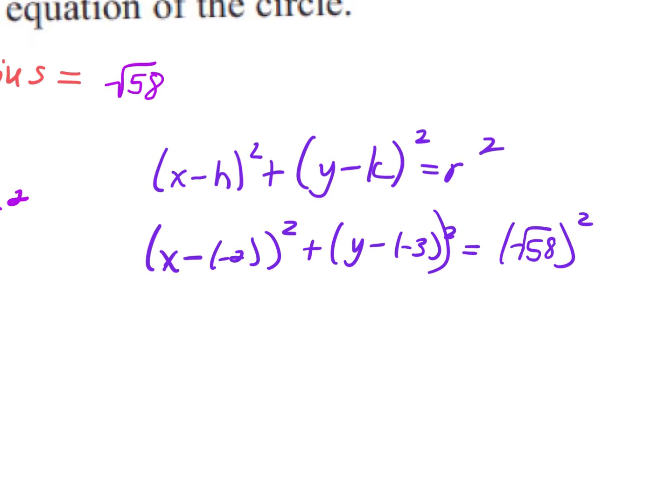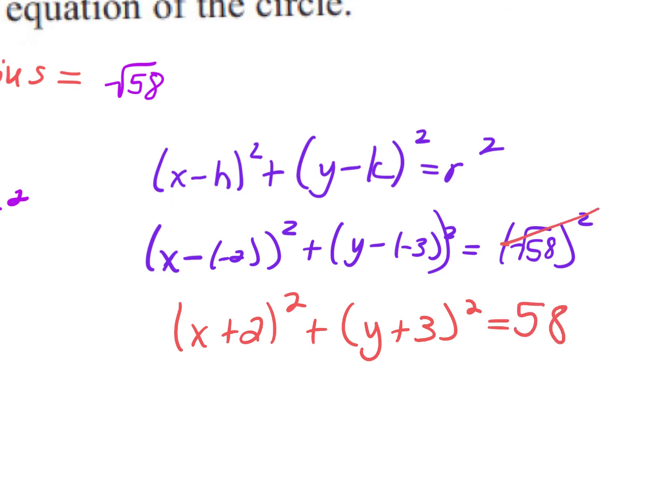Now just clean that up so it looks prettier. Minus a negative is a plus, so (x plus 2) squared plus what? (y plus 3) squared equals what? Yep, what happens when you square a square root? They cancel out, you get 58.